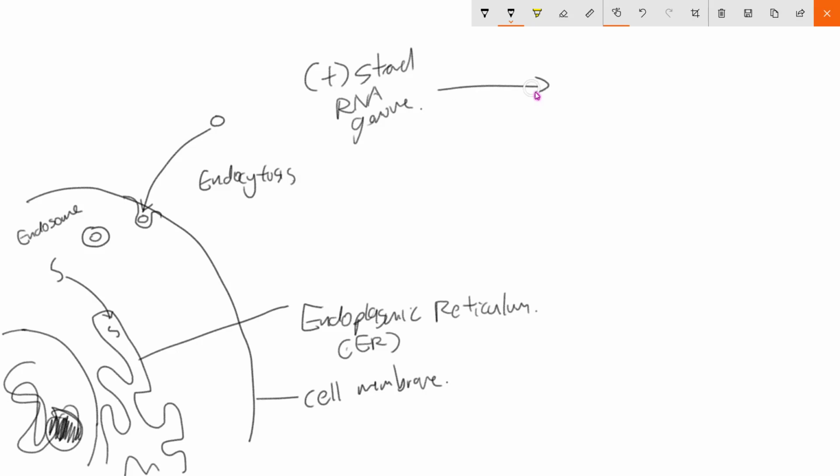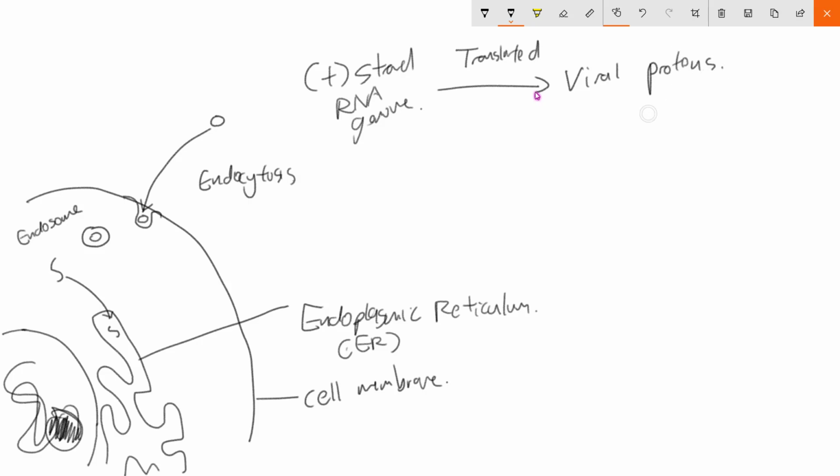Since it is plus strand, it can directly be translated. You don't need to make mRNA, and you don't have to transcribe your plus strand RNA because it is already plus strand. So you translate this into your viral proteins.